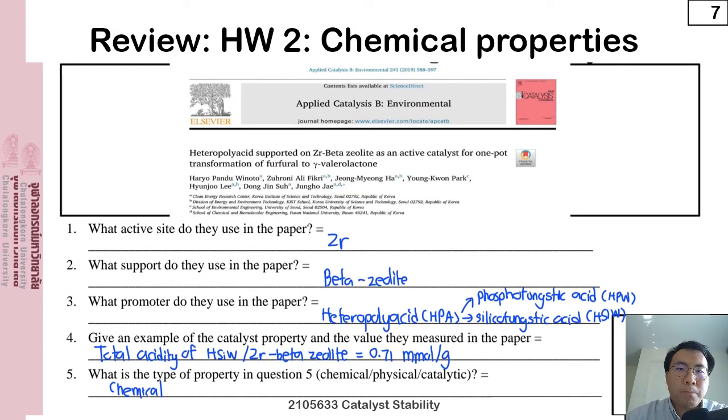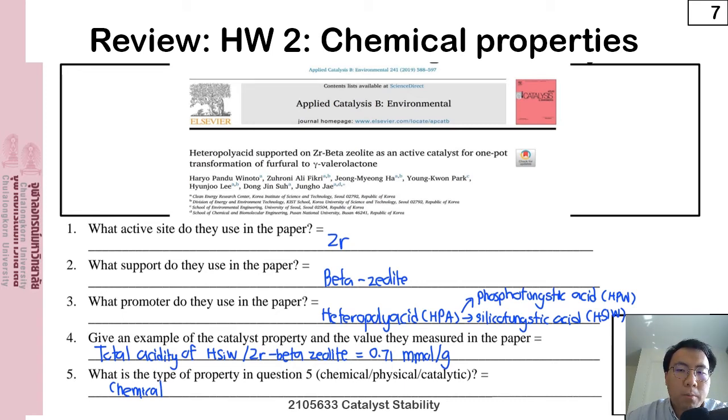Next, I pick an example from the students in the class about the chemical properties. So this person referred to the paper in Applied Catalysis B: Environmental, which was published in 2017. He found that they use a catalyst which has the active site of zirconium, supported on the beta zeolite.